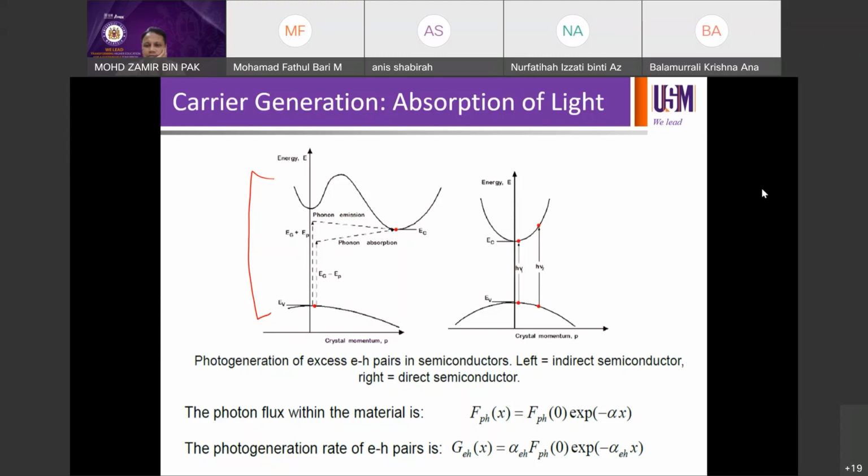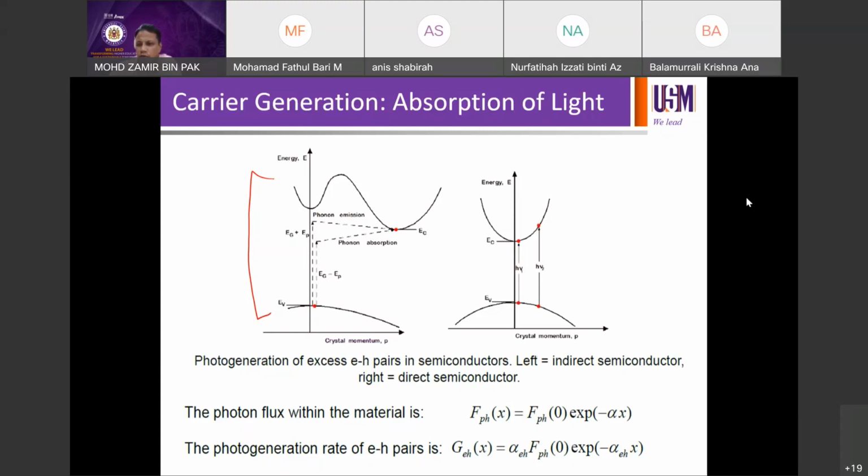Shazanani. What do we have on the left? Shazanani Firzana. What do we have on the left? Cuba tengok tu. Indirect band gap or direct band gap? Let's revise this concept that we learned before.